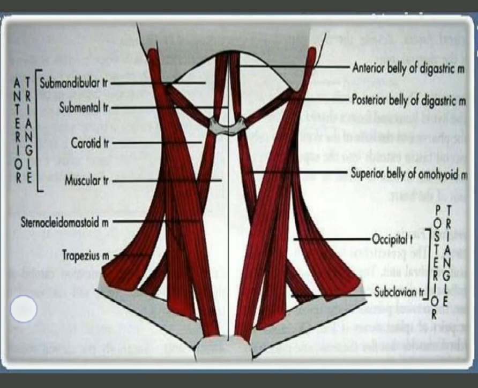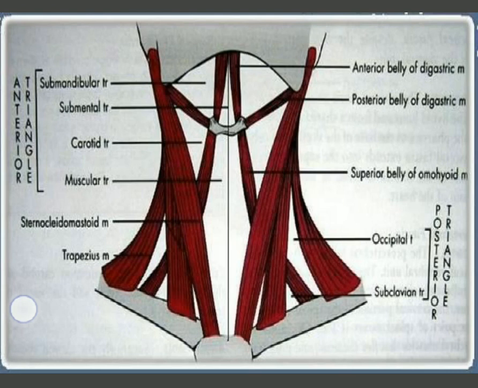This is an important diagram and it will help you memorize the anterior triangle with all its subdivisions and its boundaries. You can see here the superior boundary is the base of the mandible and a line joining the angle to the mastoid process.